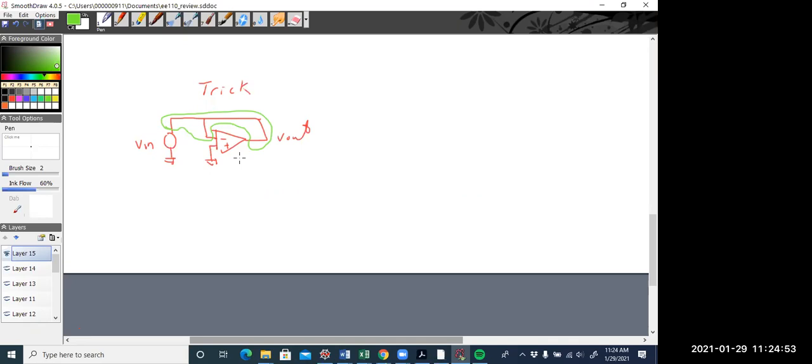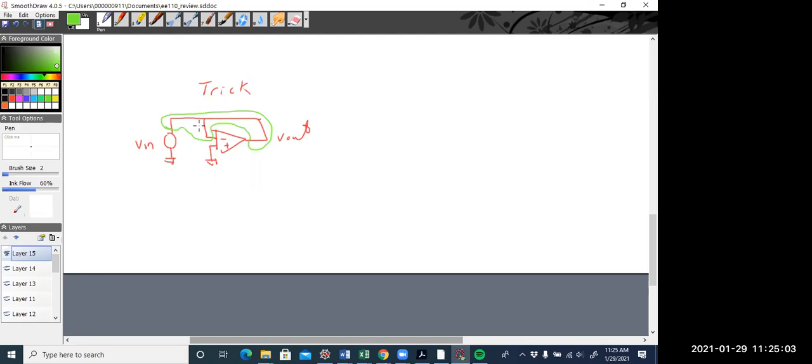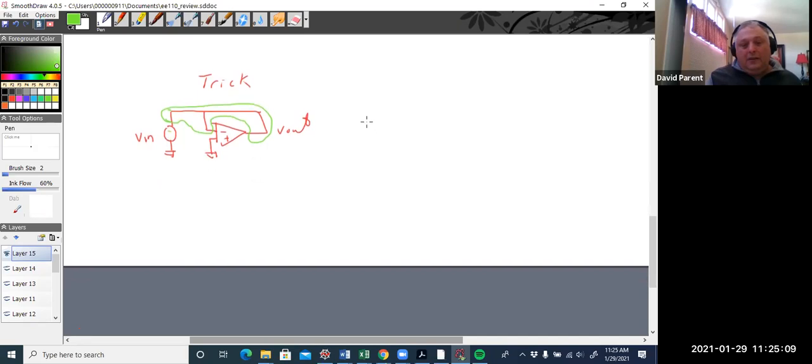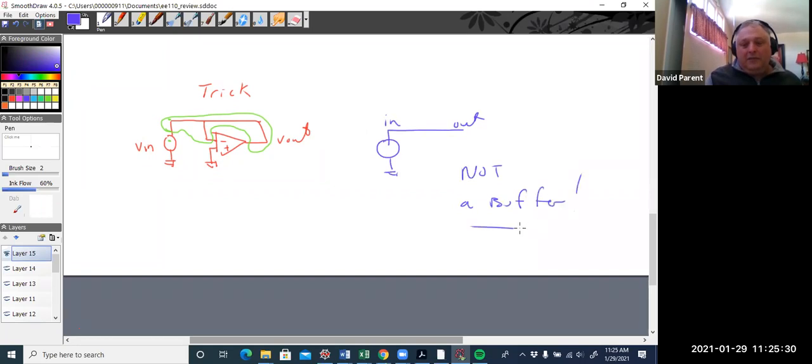Say 0. So really, regardless of what's going on here, if this is an ideal source, V out equals V in, but it is not a buffer.